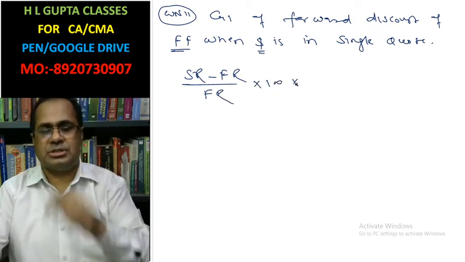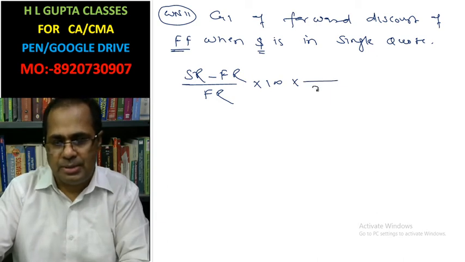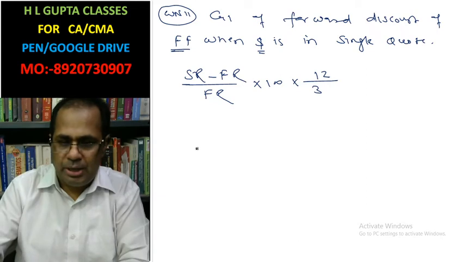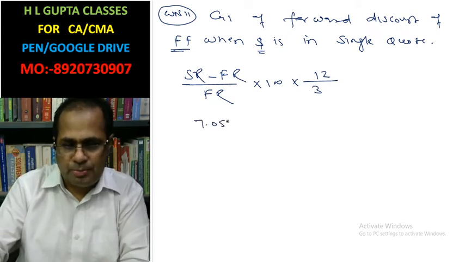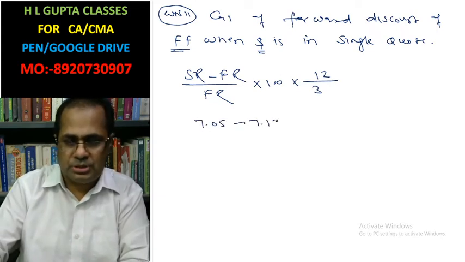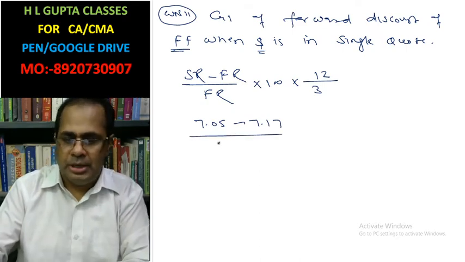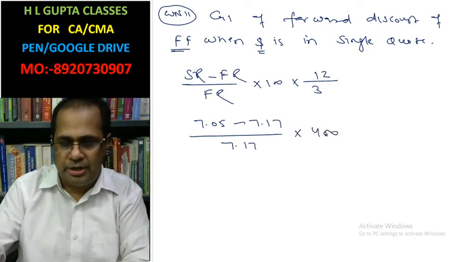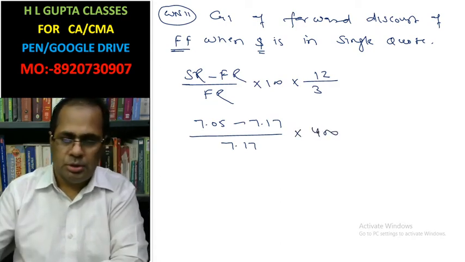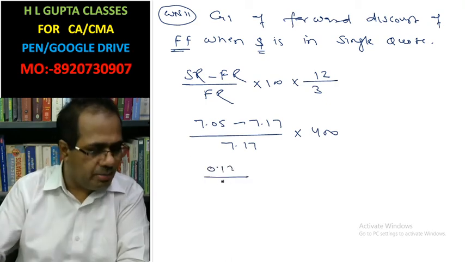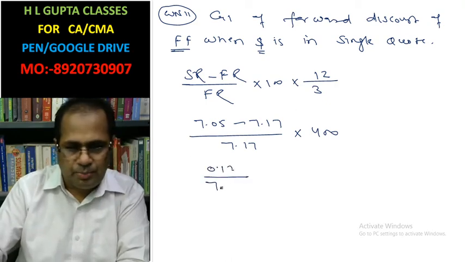But this is for 3 months, that's why divided by 3 and multiplied by 12. What spot rate do you have? Spot rate 7.05, forward 7.17 we have already calculated, and this is 7.17 into 400, 0.12 divided by 7.17 into 400.